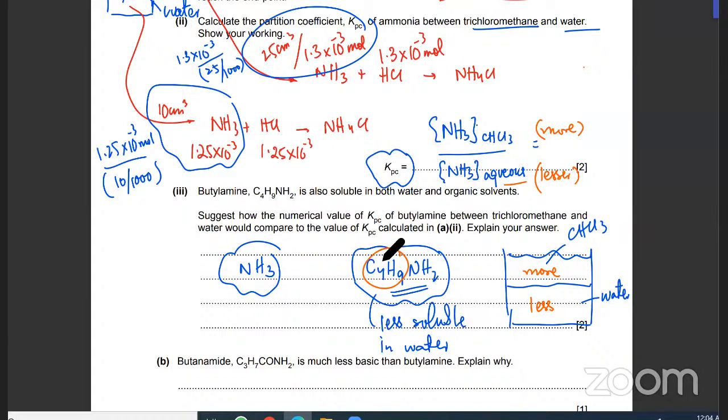They're asking for a relative comparison. We did it for ammonia. Compared to ammonia, butylamine is less soluble in water, and relatively speaking, more soluble in the organic layer. So there's less butylamine in the aqueous layer and more in the organic solvent layer. If you divide the two values, it's going to give you a bigger number. That's why Kpc will increase.